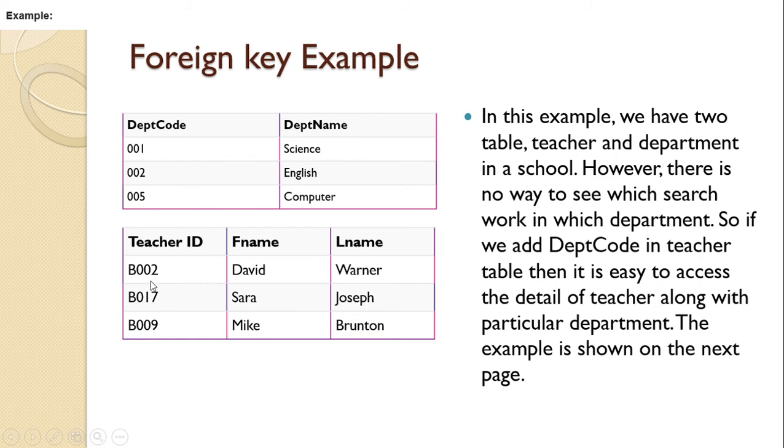But there is a condition: this department code must contain values from the department code of the department table. No other value can come in the department code of the teacher table which is not present in the department table. Okay, we will discuss this referential integrity soon.